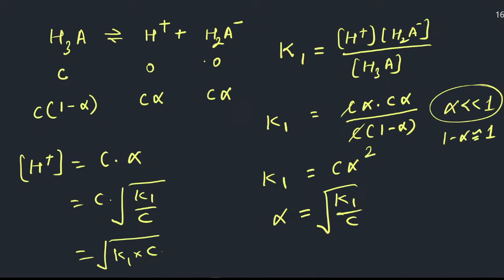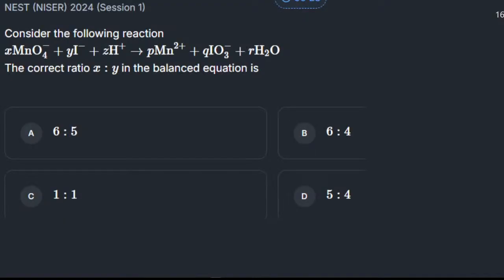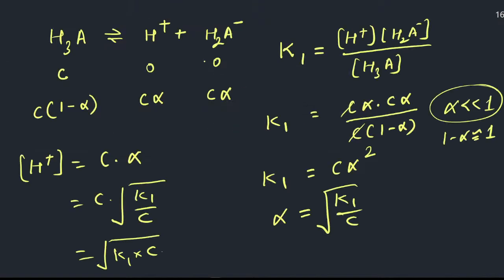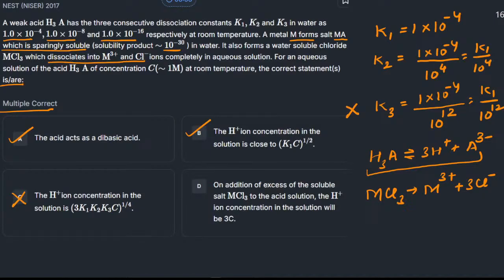But as soon as this is formed to a small extent, what would happen? At the same time, we have MCl3, so M3 plus ion from the solution, because we are adding excess of the soluble MCl3 to this acid solution, will combine with A3 negative and form MA.